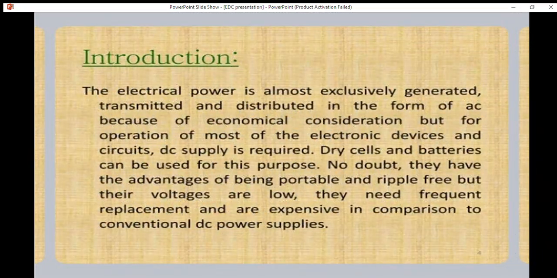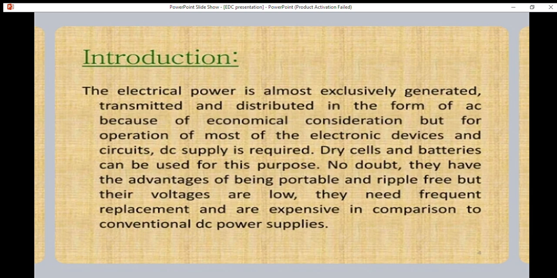So firstly I am going to introduce you about the DC power supply, that is why we need DC power supply. The electrical power is almost exclusively generated, distributed and transmitted in the form of alternating current because of many economical considerations, but for operation of most of the electronic devices and circuits DC supply is required.